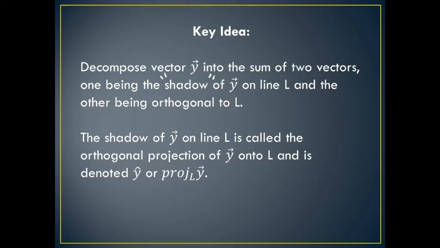I put that in quotation marks because it's not technically called the shadow, it's called the projection, but it's the shadow of y on line L, and the other vector is going to be orthogonal to our line L. Now the shadow of y on the line is called the orthogonal projection of y onto L, and it's denoted y hat or proj subscript L y.